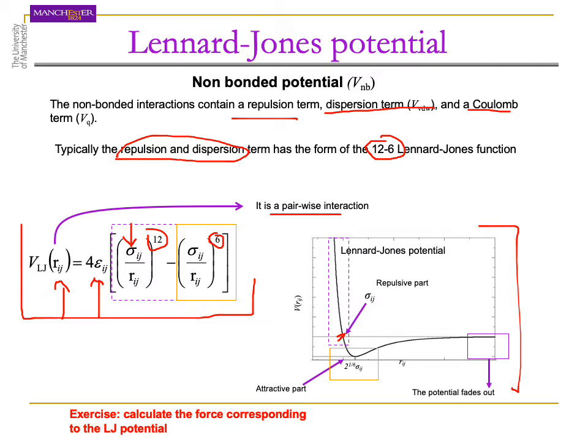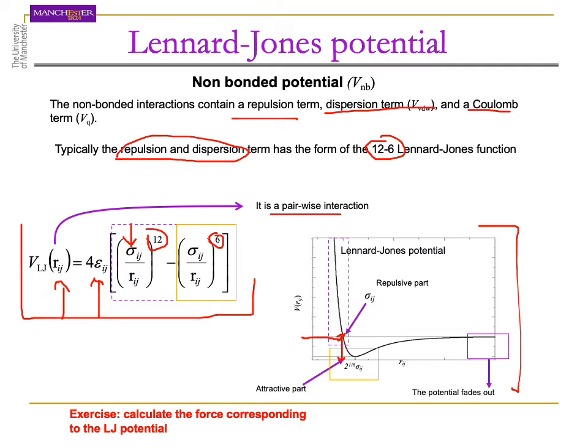As you can see, the closer the two atoms get, the higher the potential. This part of the Lennard-Jones potential describes the fact that two atoms cannot interpenetrate. The closer they get, the stronger they get repelled from each other. The Lennard-Jones potential, as I said, becomes zero at distance sigma, when r is equal to sigma.